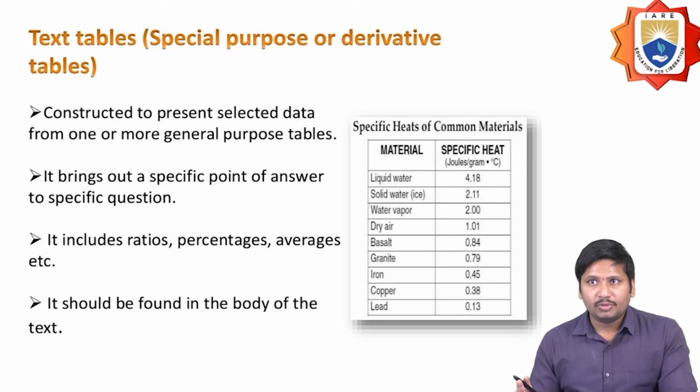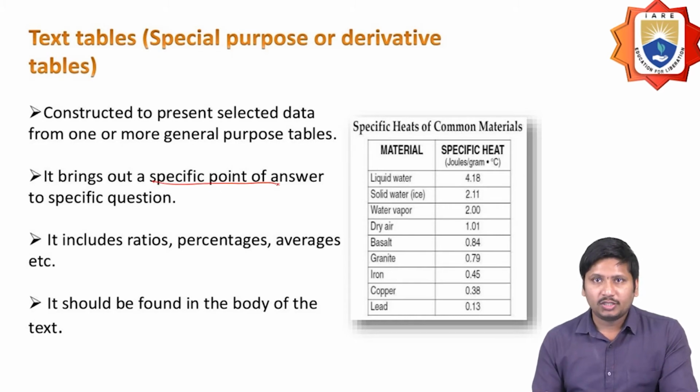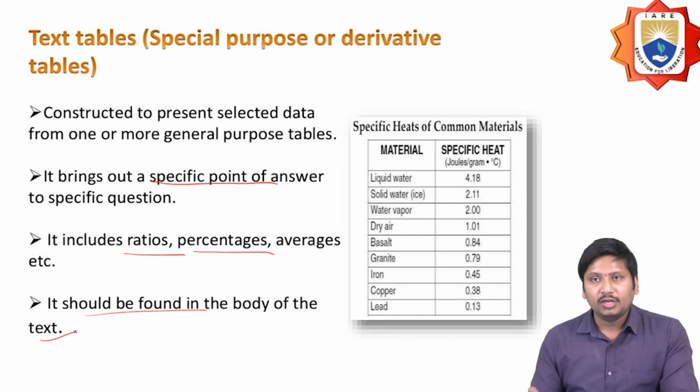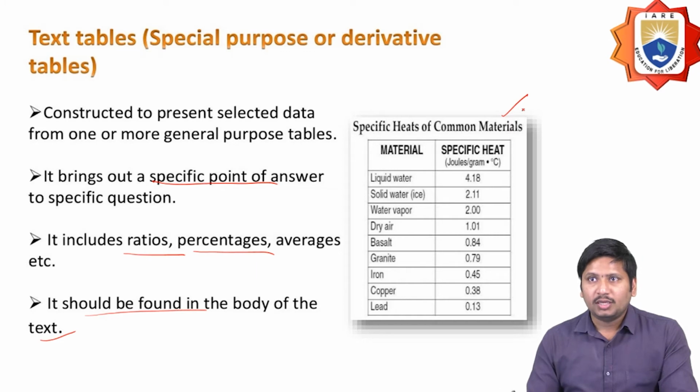If you are representing data from more than one general purpose table, then it should be called a special purpose or derivative table. It brings out some specific point or answer to a specific question, and it also includes ratios, percentages, averages, etc. It should be found in the body of the text. The example I am showing on the right side is an example of a special purpose or derivative table.